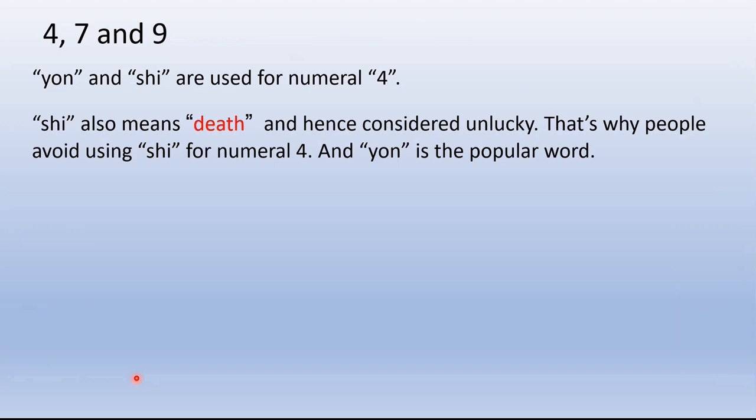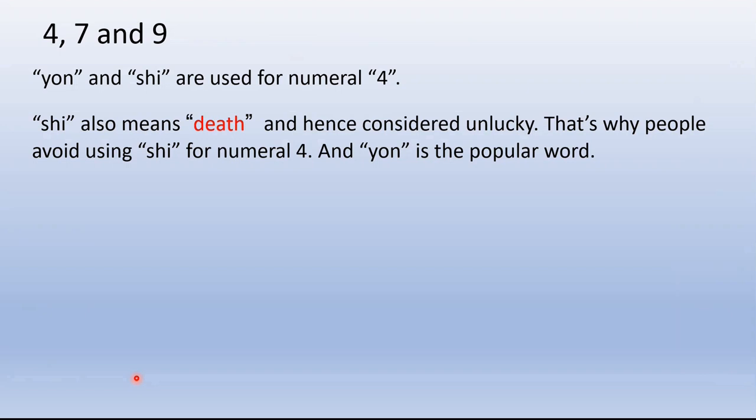Now let's look at some interesting facts about the numerals 4, 7, and 9. Yon and shi are the Japanese words used for numeral 4. Shi also means death, and hence it is considered unlucky.